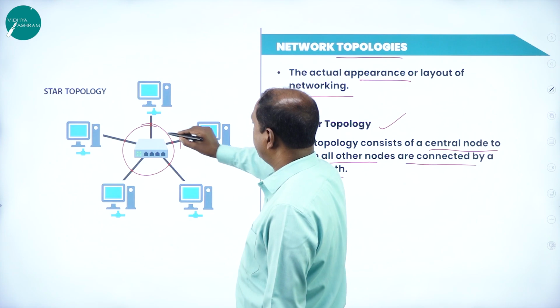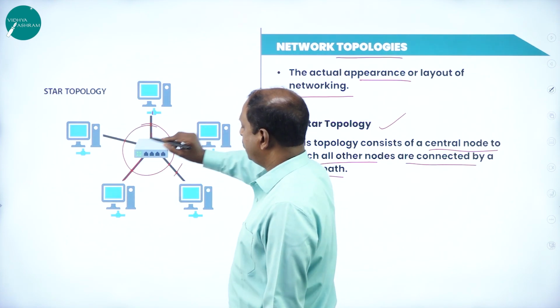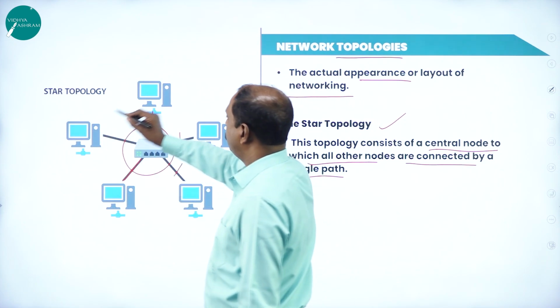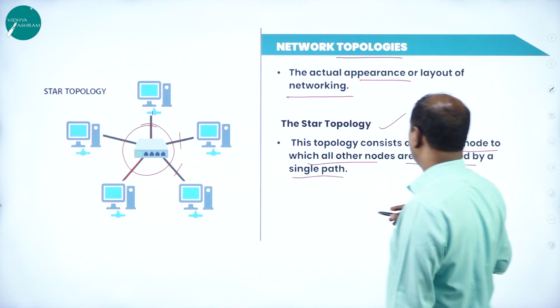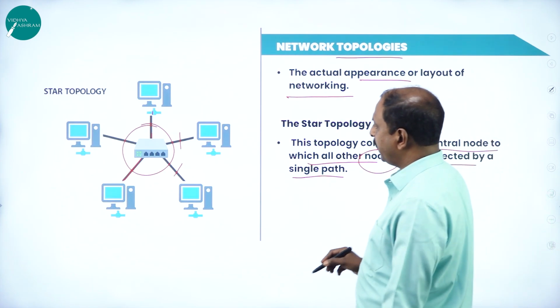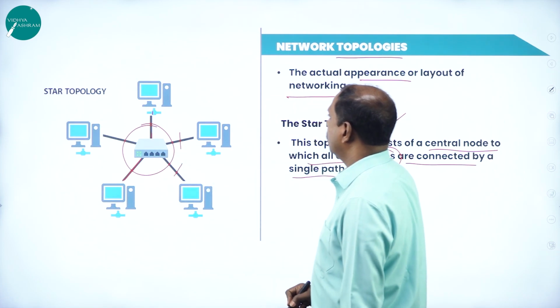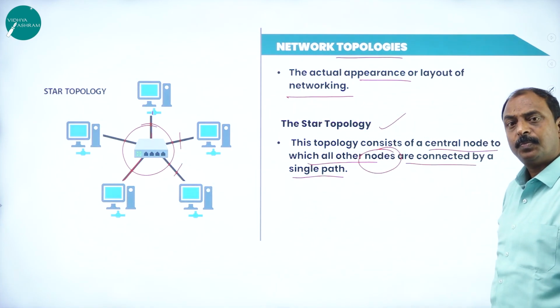From here to this is path one, and this is another path, and this. All individual computers are called nodes, and they are connected individually to the centralized system. So this is star topology.